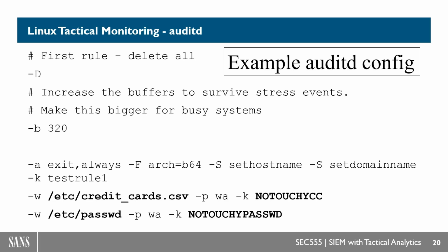You give it the permissions that you want to monitor, and you give it a keyword that you want to show up in the logs. So in this one, I put no-touch-etc, so no touching my credit cards, no touching my passwd. And now you have logs for that as well. So the same technique can be applied across multiple systems. That's a really powerful one.